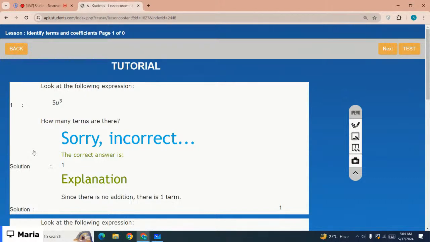You don't have any mathematical sign here, right? If you do not have any mathematical operation involved, that means you have only one term, right? 5q cube is only one term.